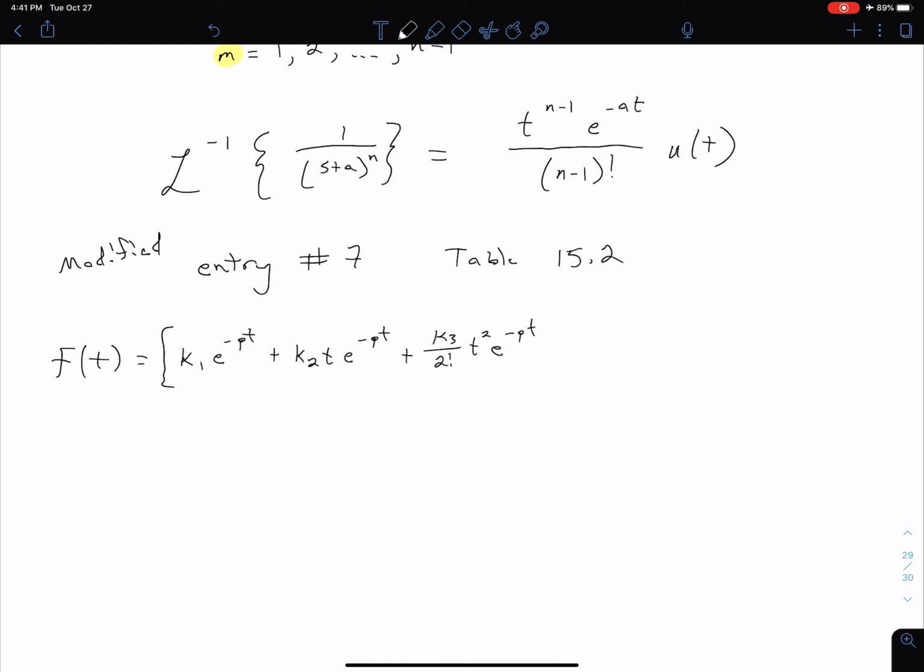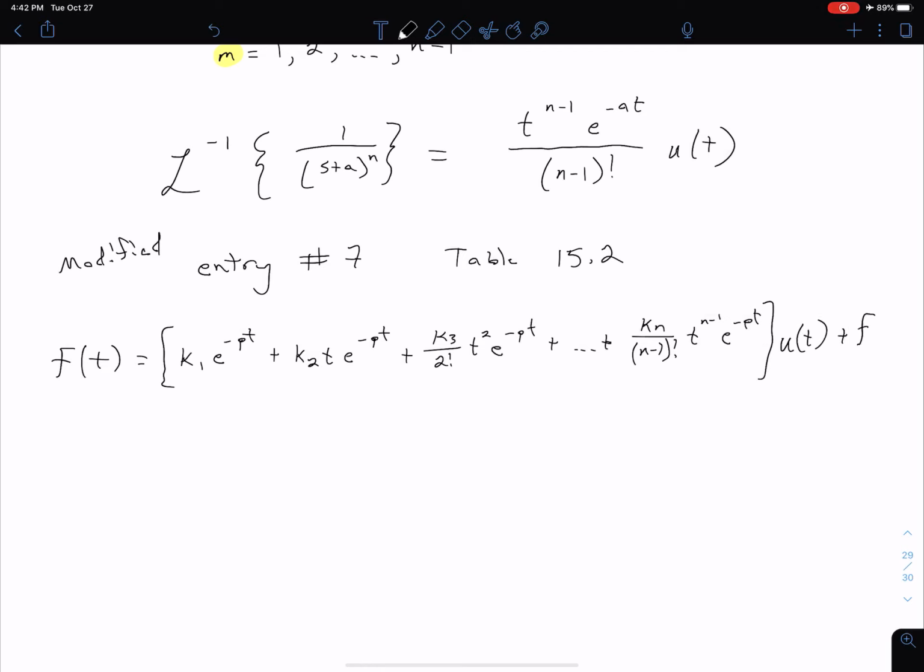Notice our e to the minus pt is staying constant, and plus so on and so forth all the way up to k sub n divided by the quantity n minus 1 factorial times t to the power of n minus 1 times e to the negative pt. And all of that is multiplied by our unit step function u of t.